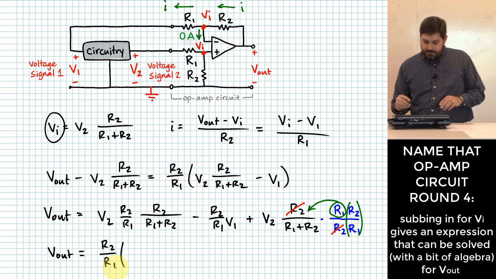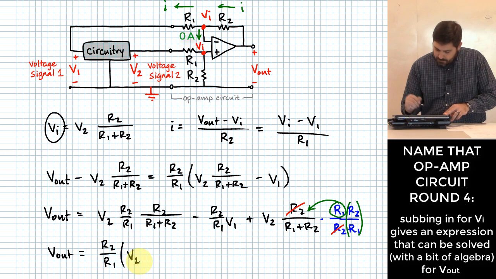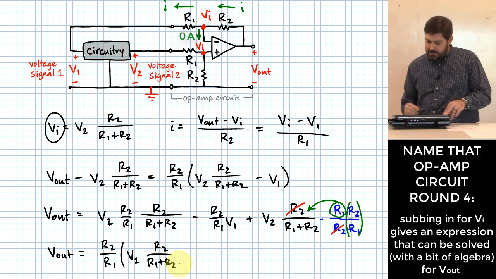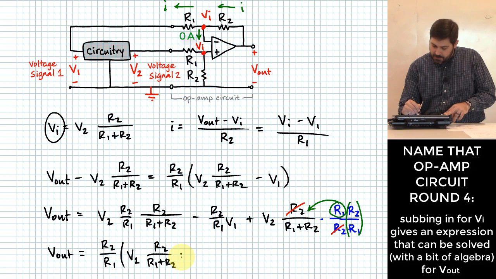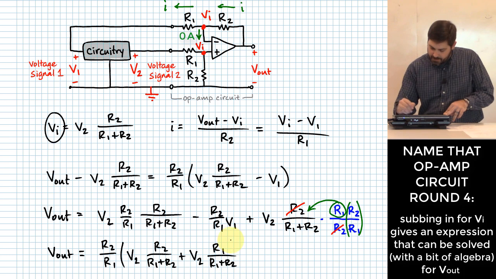Then what's left? V2 times R2 over R1 plus R2. I'll pull the other term that has V2 next to it. I'll have V2 times R1, which is what's left over in the numerator, over R1 plus R2. And then lastly, I'll have minus V1.